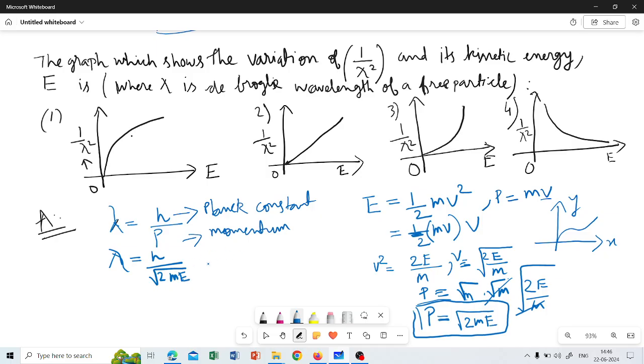Now if I bring this to the right hand side, the square root of 2mE is equal to h by lambda.